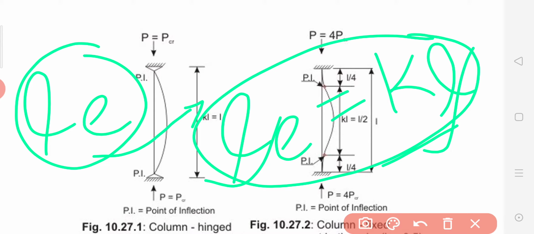According to these conditions, we find the value of LE or KL. These are the end conditions: both ends fixed, or both ends hinged, or one end fixed and one free. So there are different conditions and different values of KL or L effective.